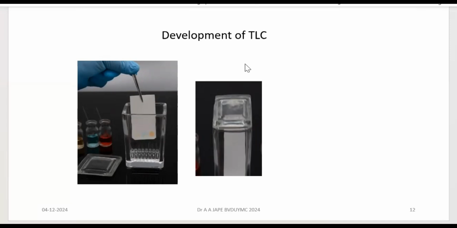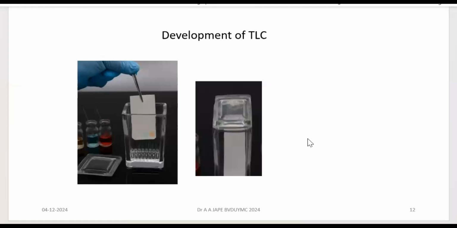But one has to remember that before we load the TLC plate into the chamber, you have to keep your TLC chamber ready with the solvent system in it. So the TLC chamber is the glass chamber with its tight fitting lid in which you are going to pour the mobile phase and allow it to sit for some time.